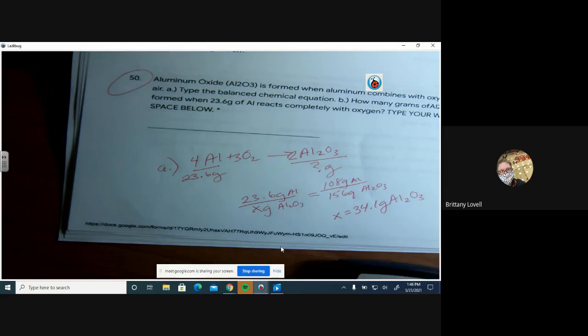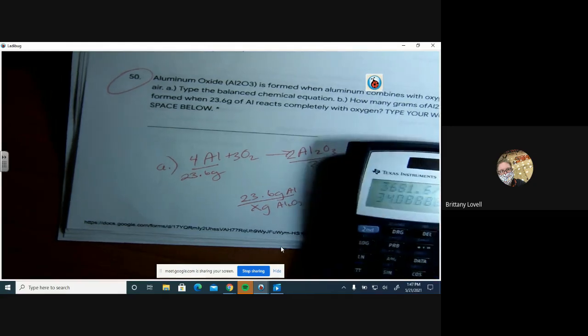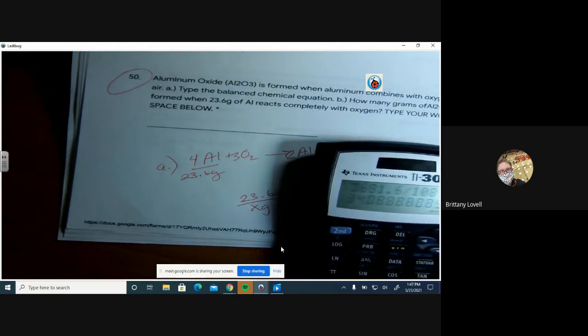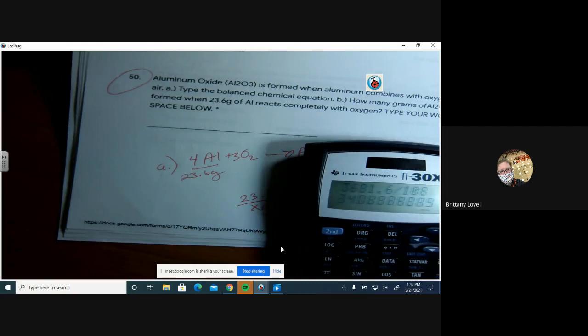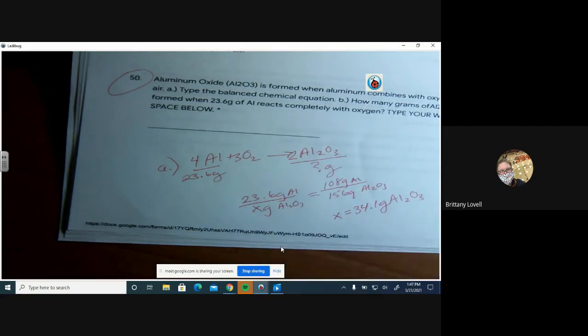Yeah. Yep. It should be around 34.1-ish. All right. Good. Any questions on that? Good. Hopefully it's bringing back a real fuzzy memory, I hope.